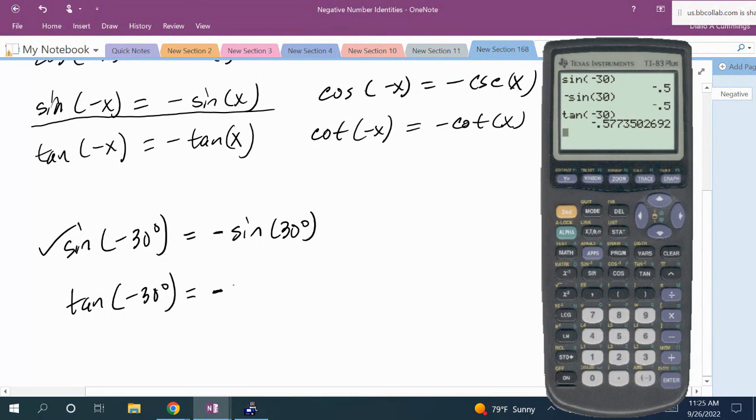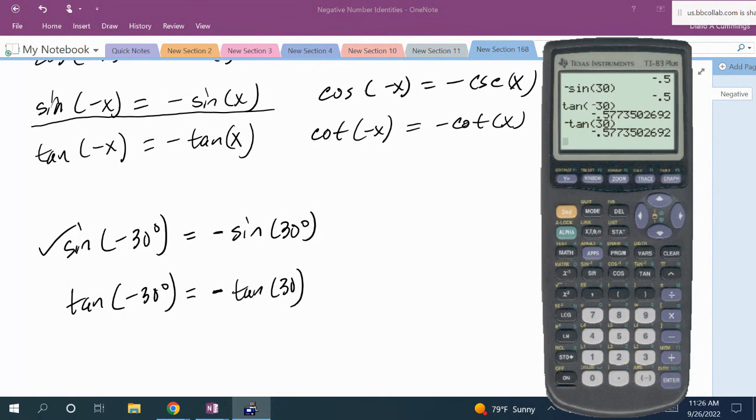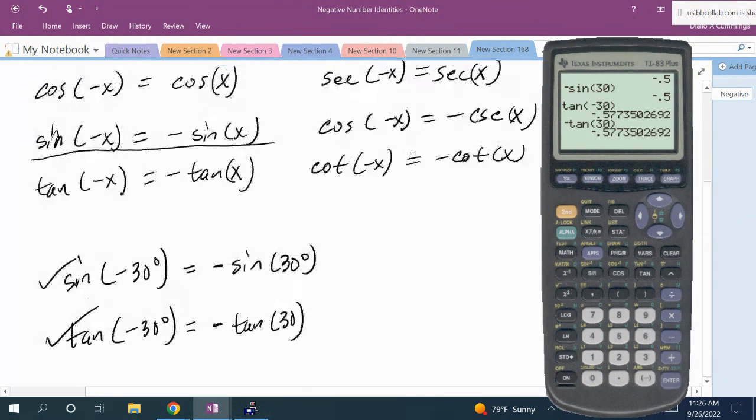That should equal negative times the tangent of positive 30 degrees, right? So I put in a negative times the tangent of 30 degrees, right? We have the same value. And the same thing is true for the reciprocals, the cosecant and the cotangent.